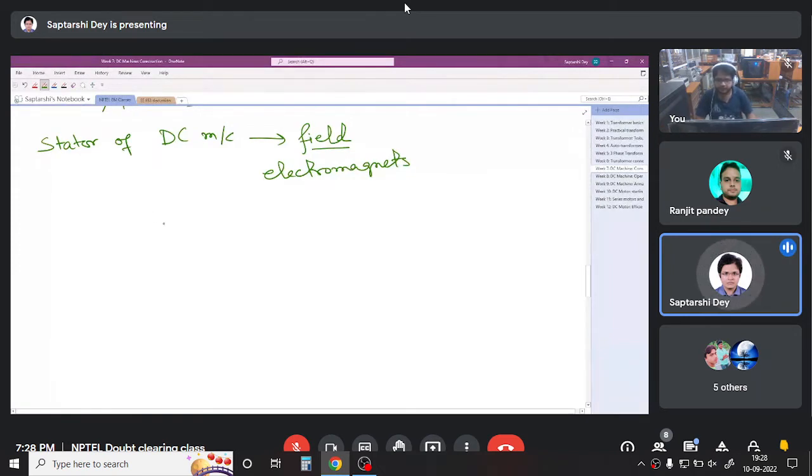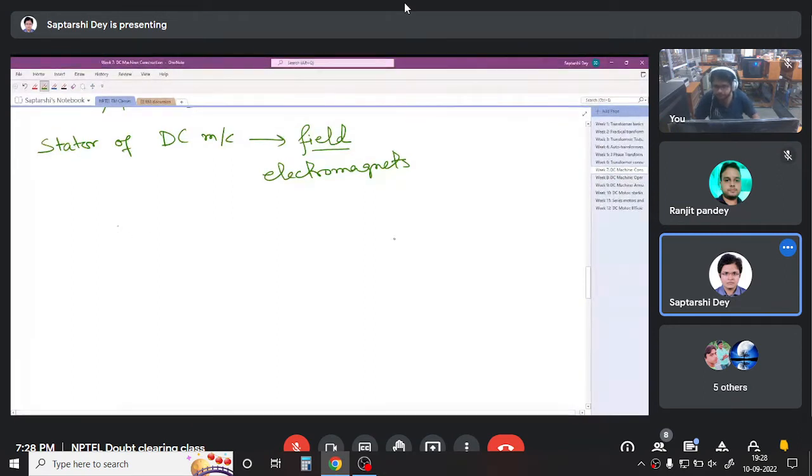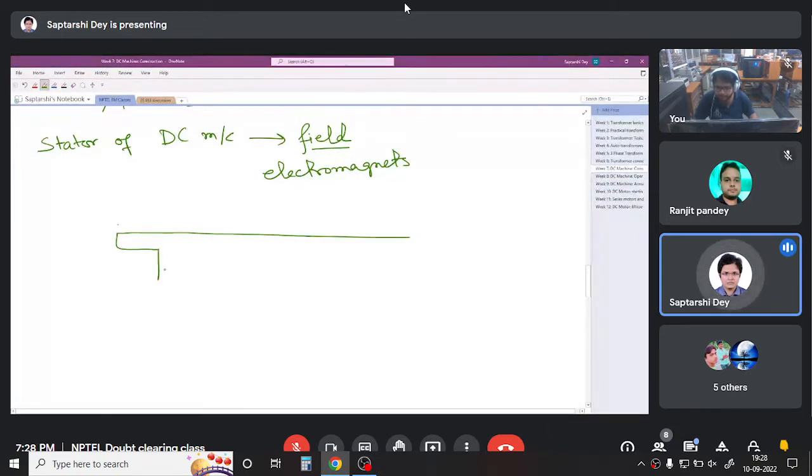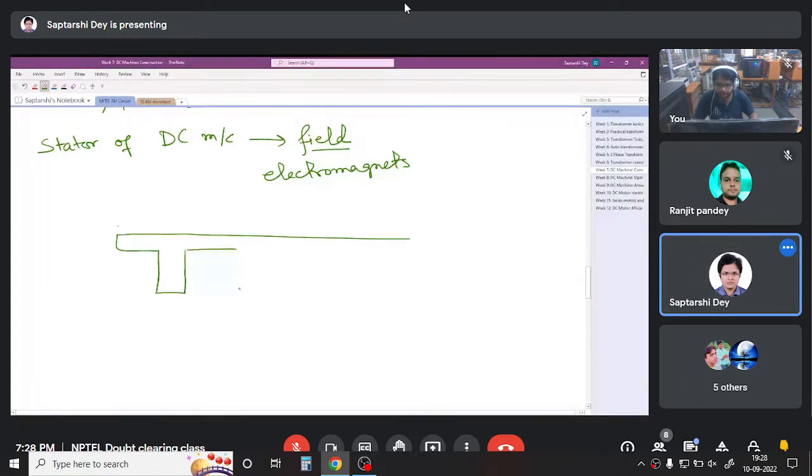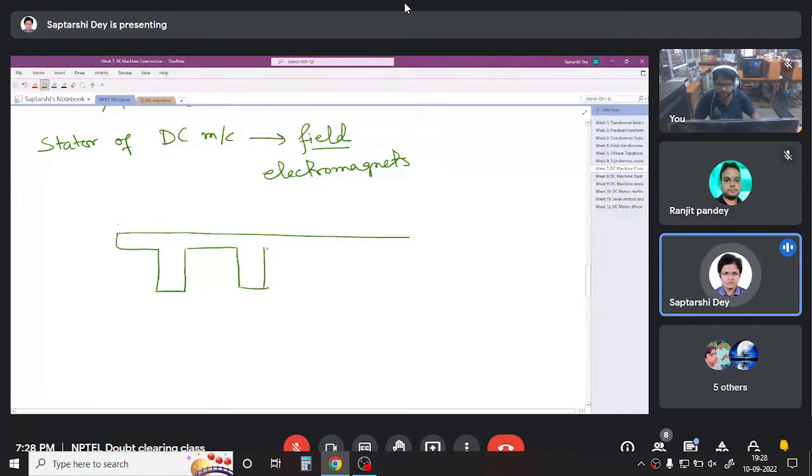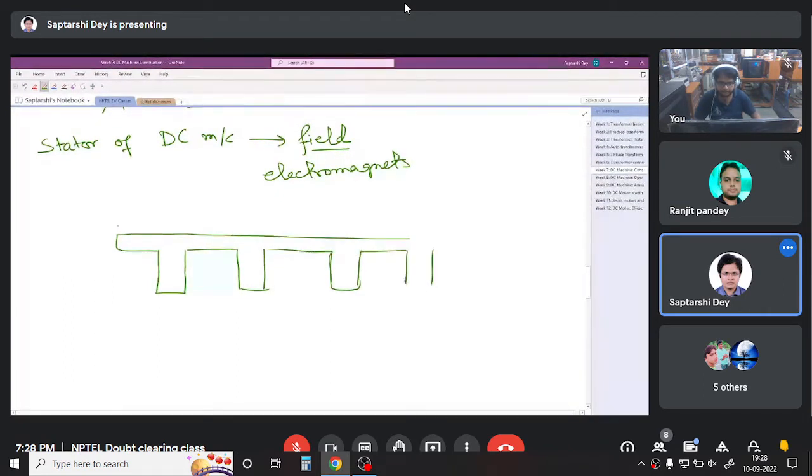So how to create an electromagnet? We will draw. I am drawing a developed view. I will draw the teeth first. So this is it.